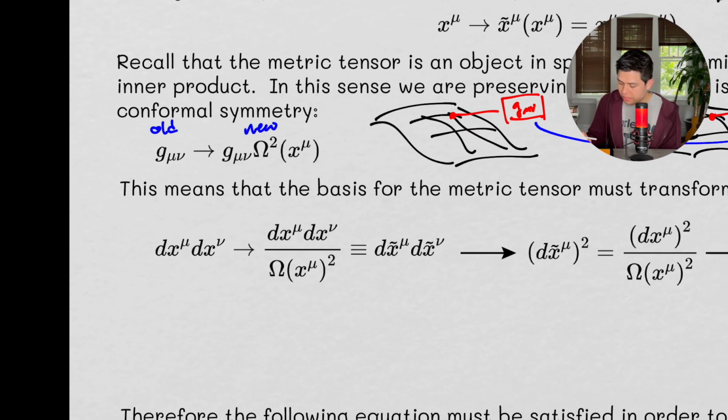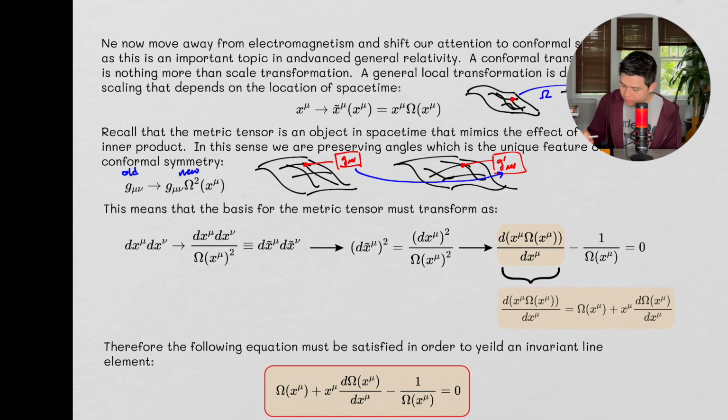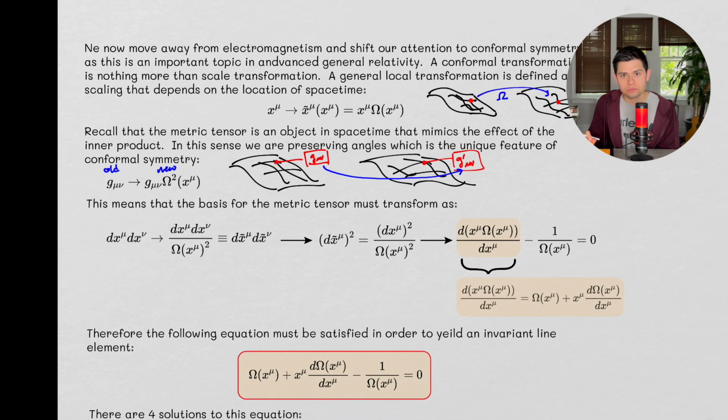And you might think, okay, how is this preserving angles? Well, if you recall, the metric tensor mimics the inner product. If the inner product is 0, that means the angle between two vectors is 90 degrees.